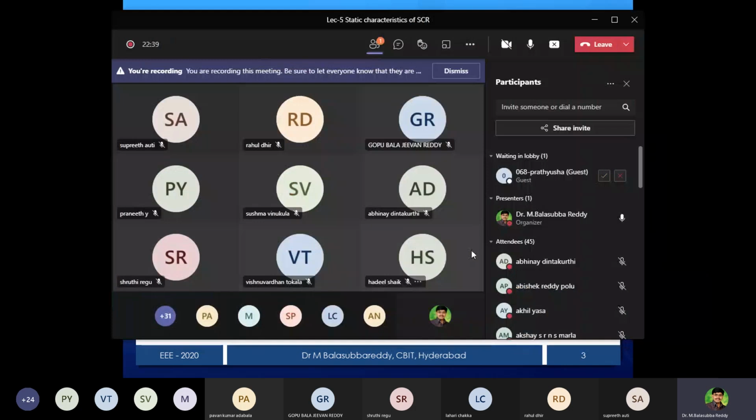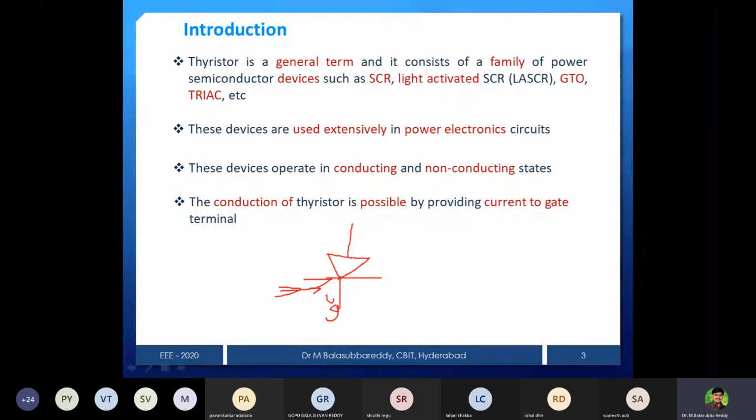If you pass the minimum gate current, the SCR is going to turn on. On means the switch will be closed and current will pass like this. That is only the SCR turning on.